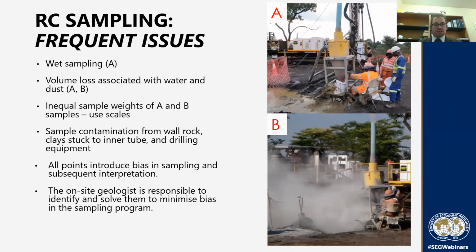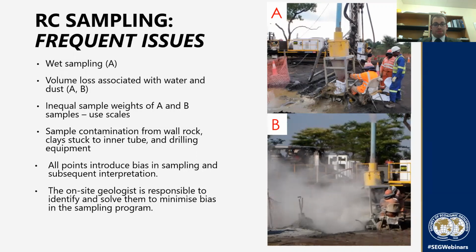diamond drilling. So we can see both in figure A and B, we've got sampling issues. In figure A, we've got wet sampling. In figure B, we've got a potential loss of volatile materials, or material that's going out through the dust.